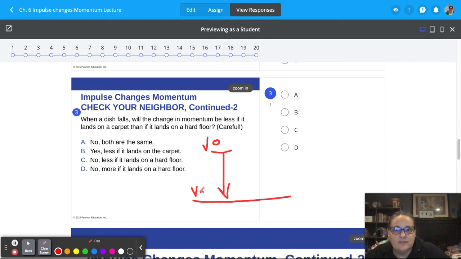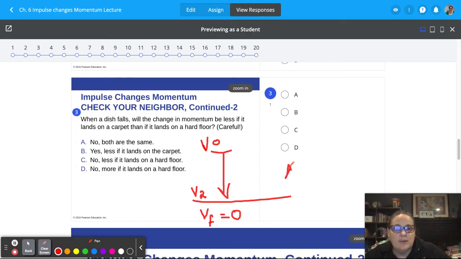I'm going to call this velocity 2 just for the sake of clarity. And then it's going to stop, and that final velocity is going to be 0. So it's going to start at 0 because you're dropping it, and then there's going to be some speed right before it hits the ground, and then it's going to stop.